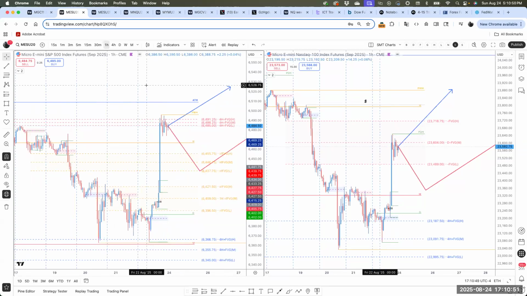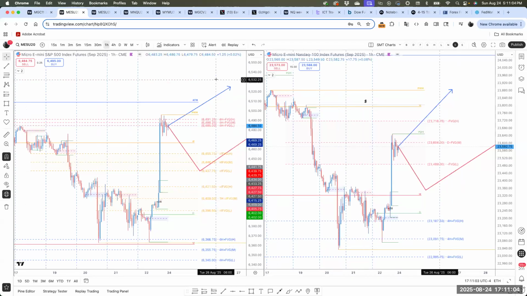So right now, going into this next week, one of the things I'm going to be looking for is symmetry and divergence on each of the pairs, especially between these two, not gold, but S&P and NAS.